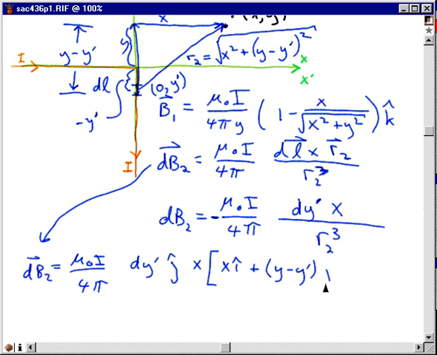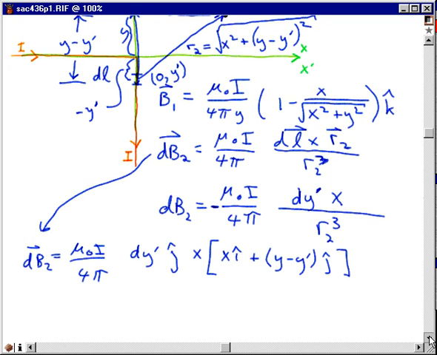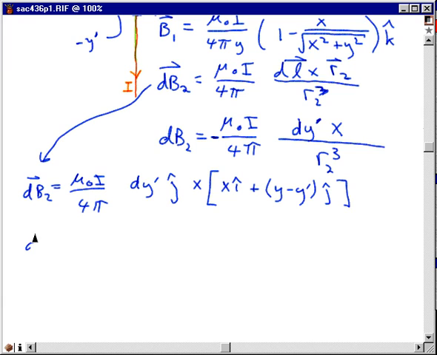So I have a y minus y prime times j, and that would be equal to mu0 I over 4 pi times the j crossed into i gives me a minus k.